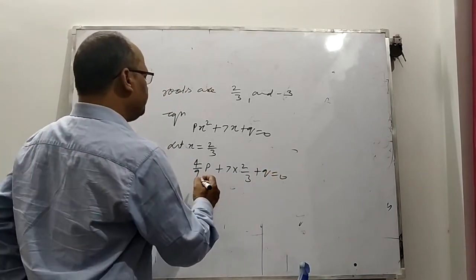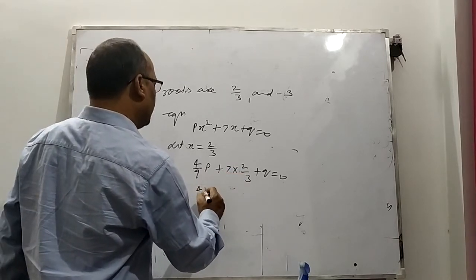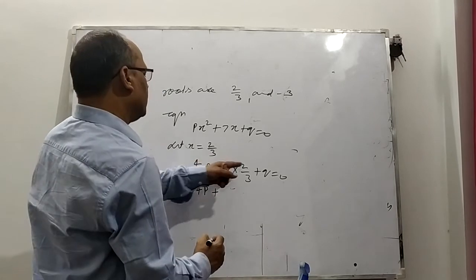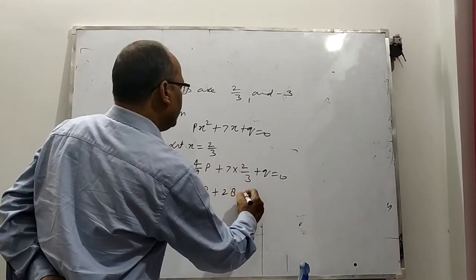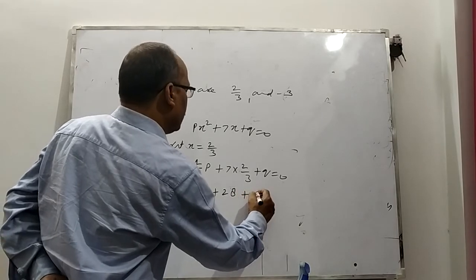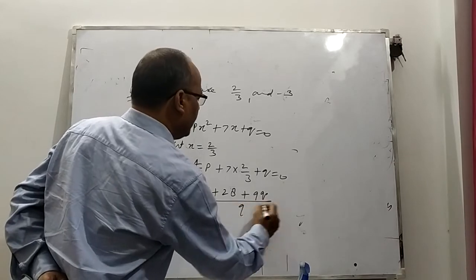Then it will be 4p plus 28 plus 9q upon 9 equal to 0.